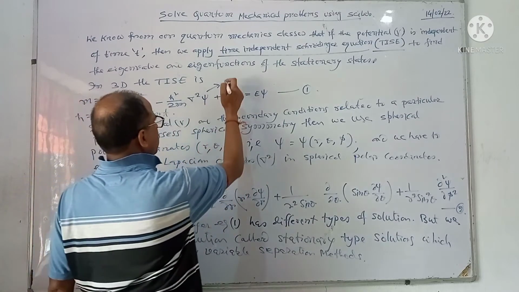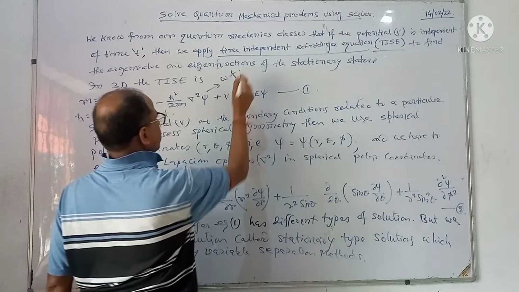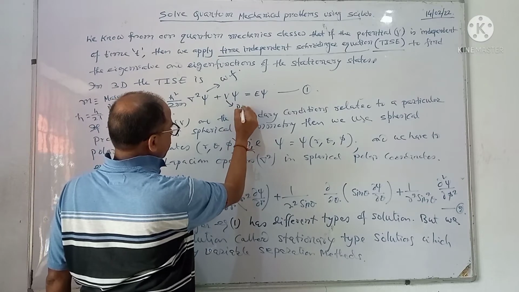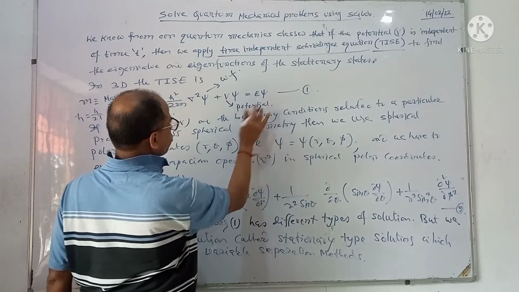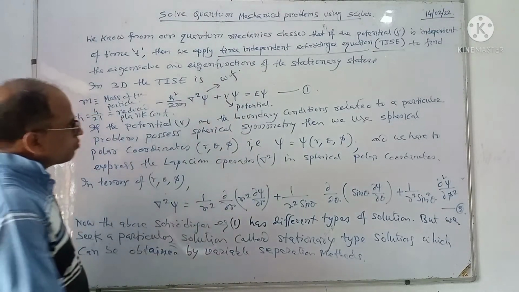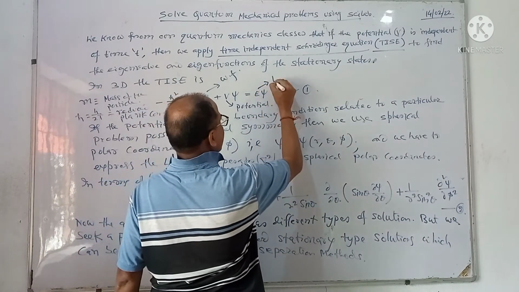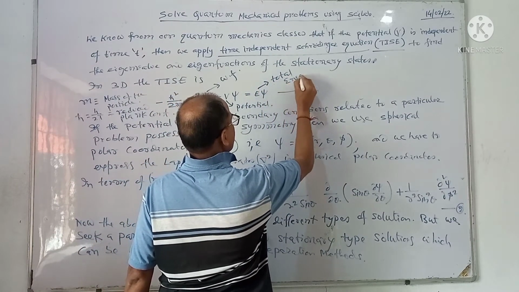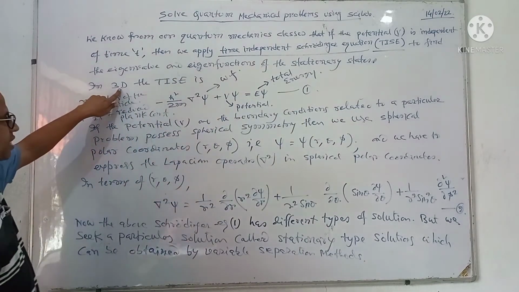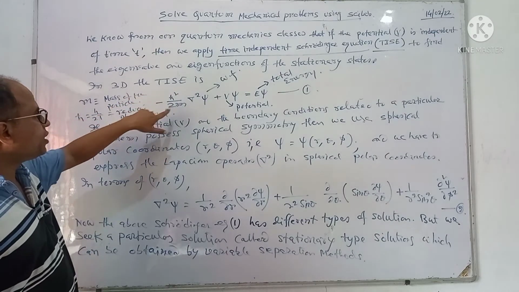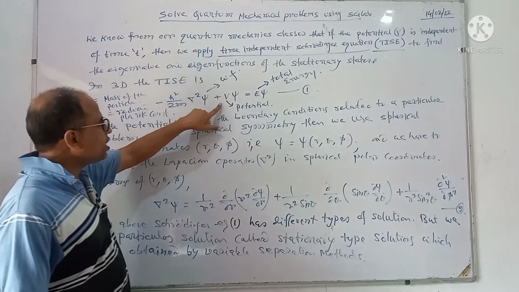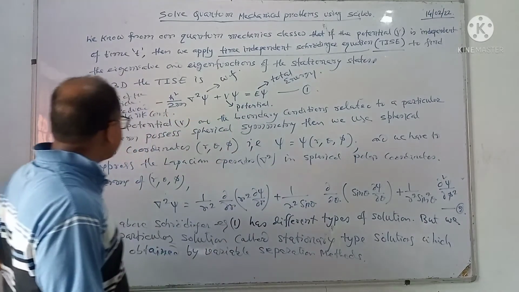Just I am telling wave function, and V is the potential of the problem, the potential under which the particle of mass m is moving, and E is the total energy of the particle. Therefore, in 3 dimensions, the time independent Schrodinger equation is minus h cut square by 2m Laplacian psi plus V psi equal to E psi.